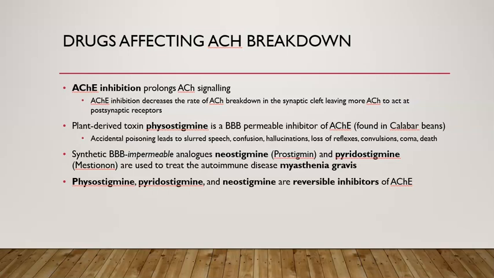One such drug would be a plant-derived toxin called physostigmine. Now, this is a blood-brain barrier permeable inhibitor of acetylcholine esterase. In other words, this is a toxin made in drugs that's able to actually cross the blood-brain barrier, so it can affect human brains to inhibit acetylcholine esterase.